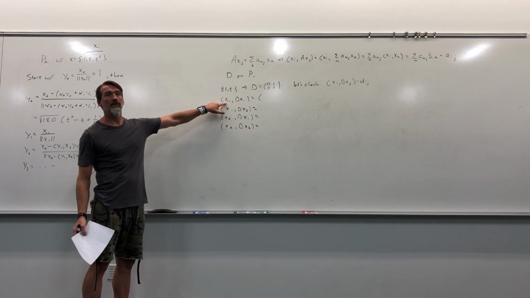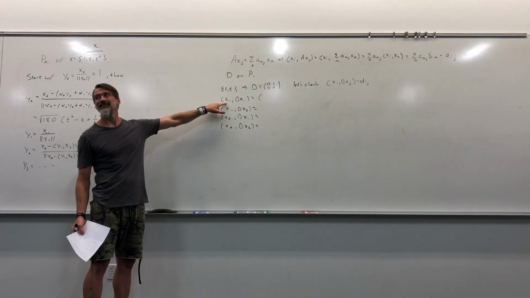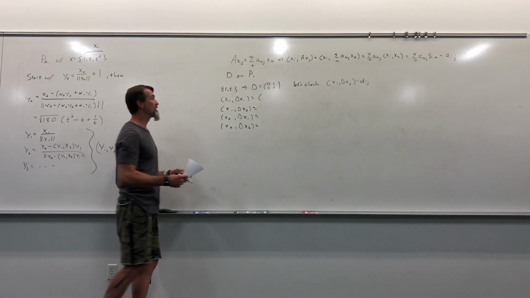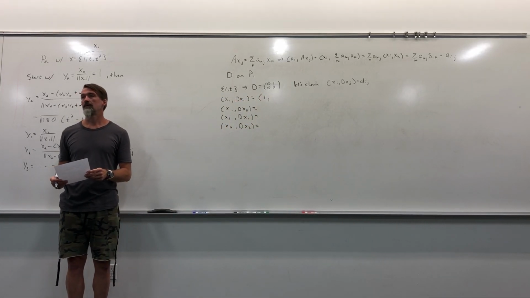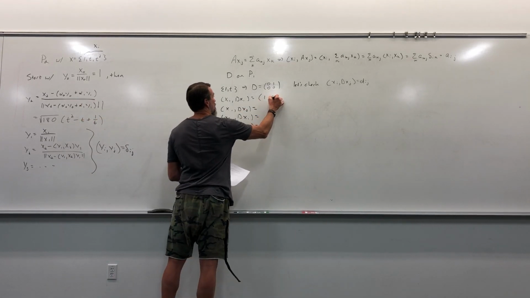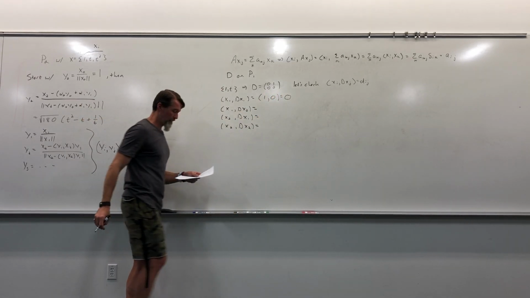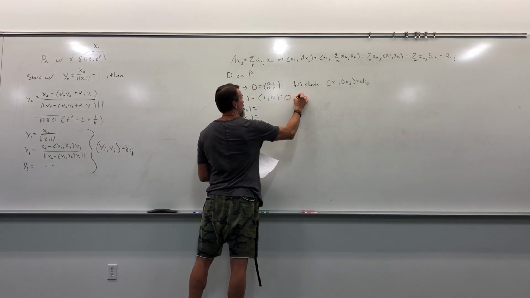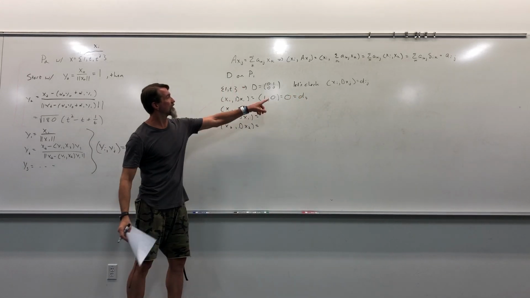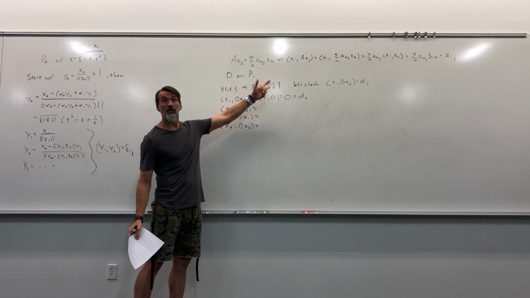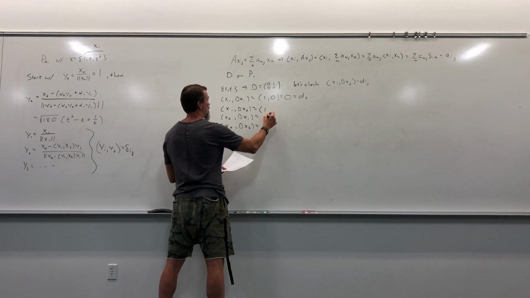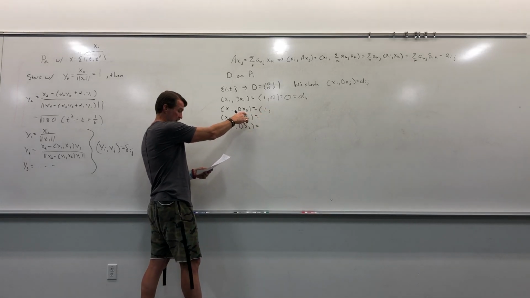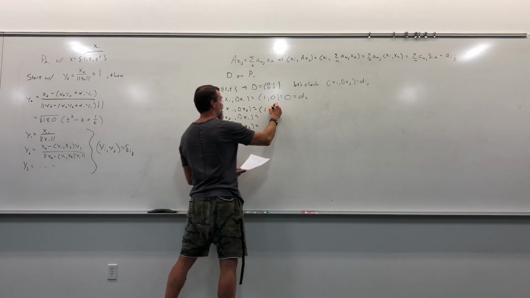x1 is the first basis vector, it's 1. Dx1 is 0. Well hey, that equals the first row and column element of D. So we do have agreement. Peeling right along, x1 is 1, Dx2 is 1.